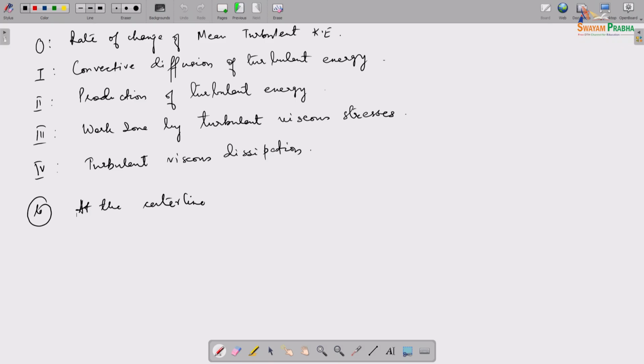So at the center line, we have work done by turbulent viscous stresses and turbulent viscous dissipation, production, and convective diffusion. Okay, so what are the salient points?